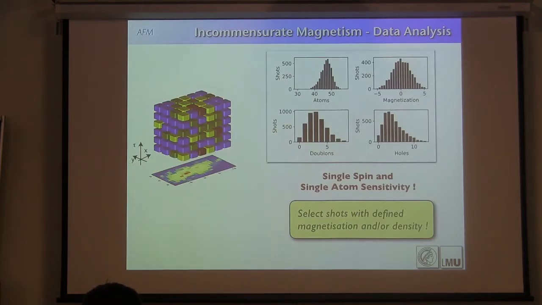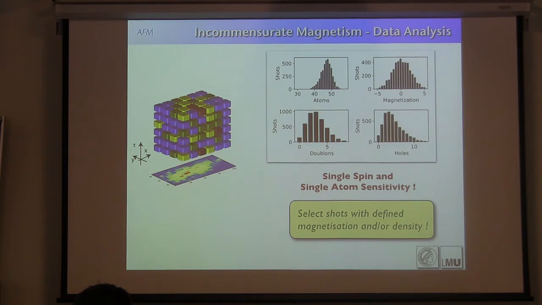A priori, if you look at a histogram of our experiments, we do not have this control. This is just a histogram of distribution functions: how many atoms we have, what the magnetization is in the chain, how many doublons, how many holes, just counting and doing statistics over the single images. And you see that the magnetization fluctuates pretty widely. The density can also fluctuate here.